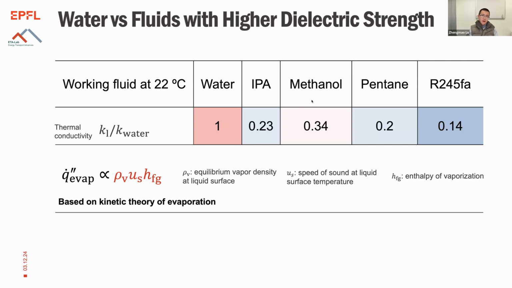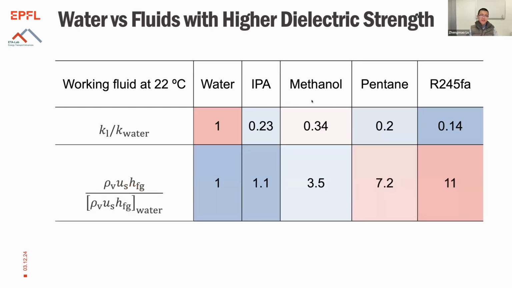Although water has a very high enthalpy of vaporization, the vapor density of water is usually quite small. If you compute the numbers, again normalizing everything to the value of water, you see that water, in theory, has the worst pure evaporative performance.